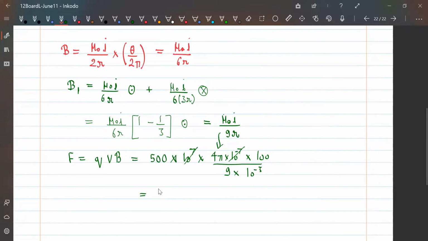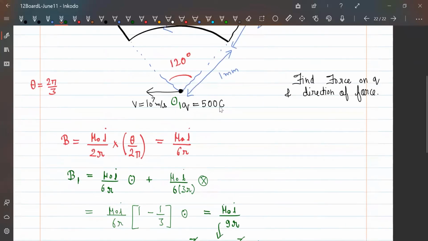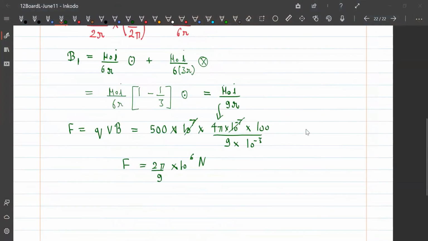So 4 pi, 5, 4, 20. 2 pi by 9 into 10 raised to 6 Newton. That's a very high value of force, probably due to the reason that 500 coulomb is a very high amount of charge. So 2 pi, that is approximately 6 by 9, that will be approximately 0.7.